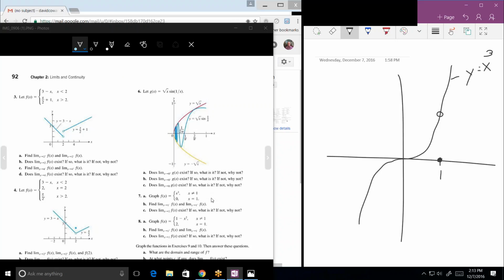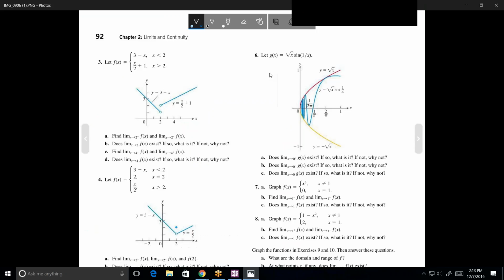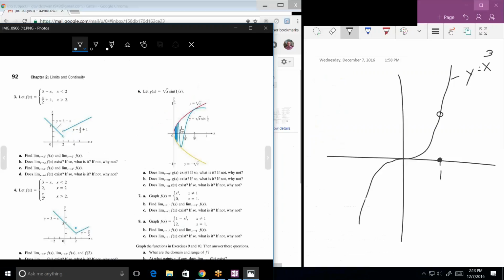Okay. So find the limit. Let me blow that up a little bit. So find the limits as we approach 1 from the left and the right. First of all, what is this value right here? 1.